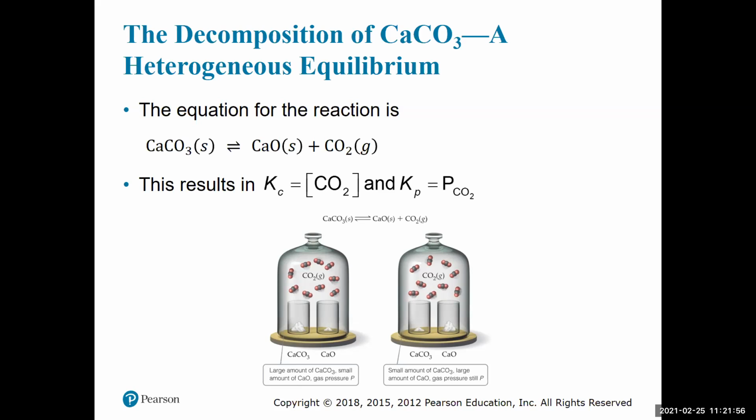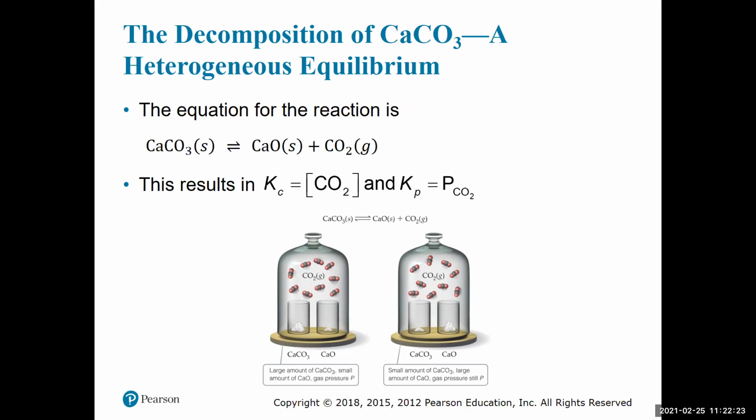So in this case, we have calcium carbonate, which is a solid, going to form calcium oxide, a solid, and then CO2, a gas. So this is an example of a heterogeneous equilibrium, because we've got solids and gases. But when we write that equilibrium expression, remember we said we would have products over reactants.